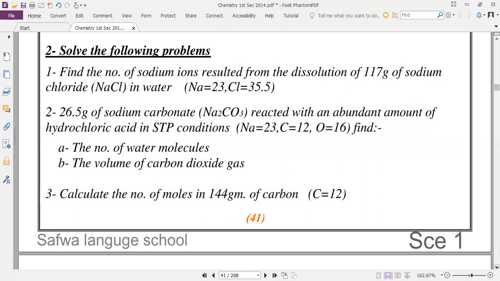106 gram, right. So we must calculate the number of moles first to get the number of molecules.